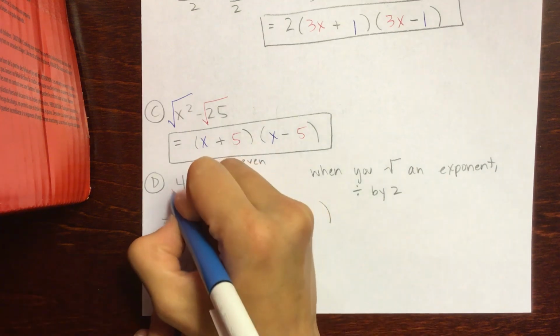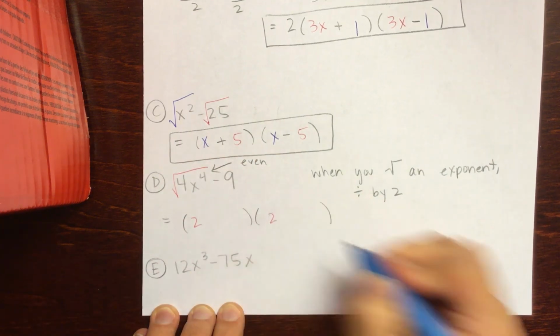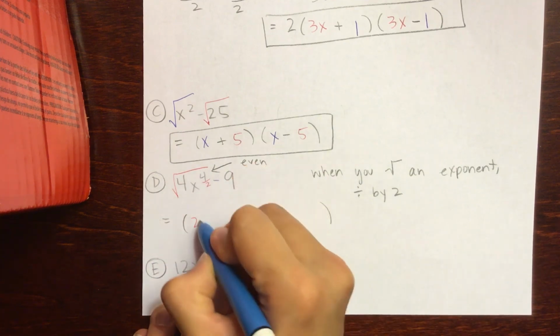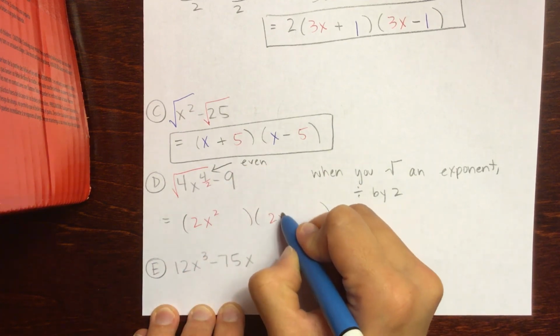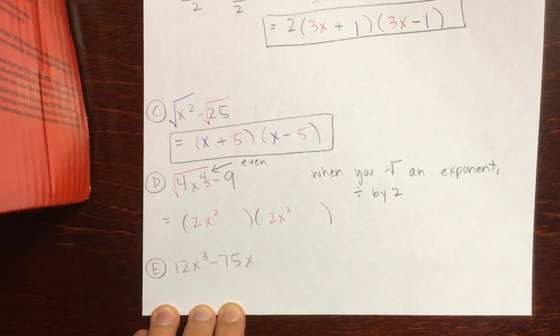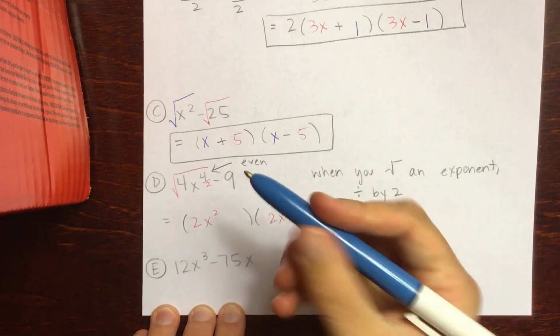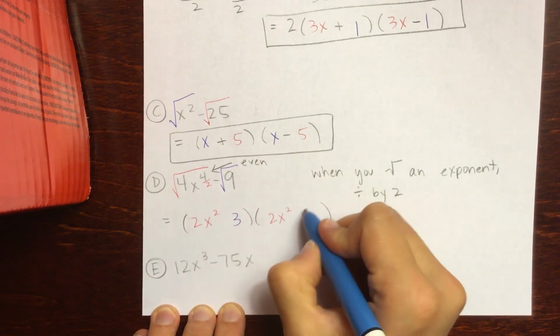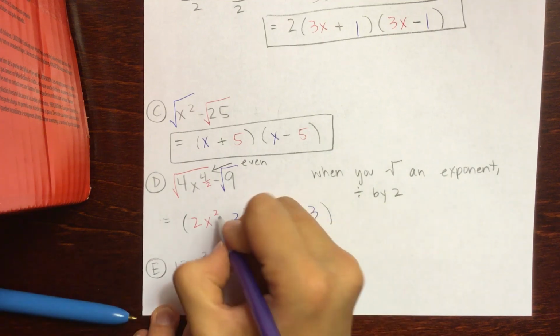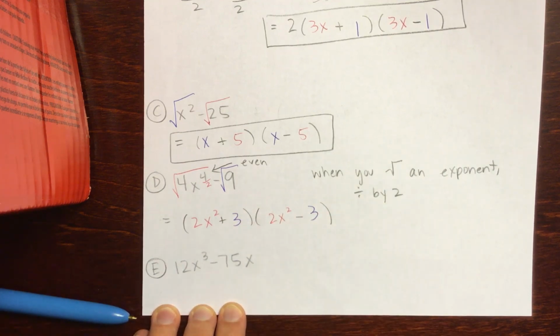So if I square root x to the 4th, 4 divided by 2 is 2. If I square root 9, and the pattern is to have one plus and one minus.